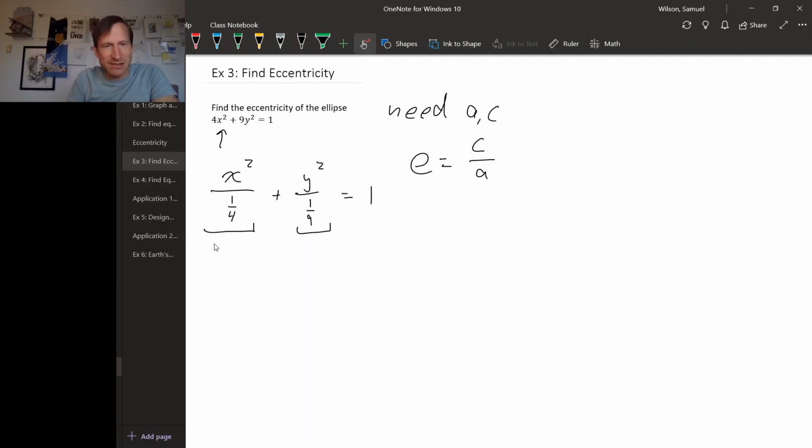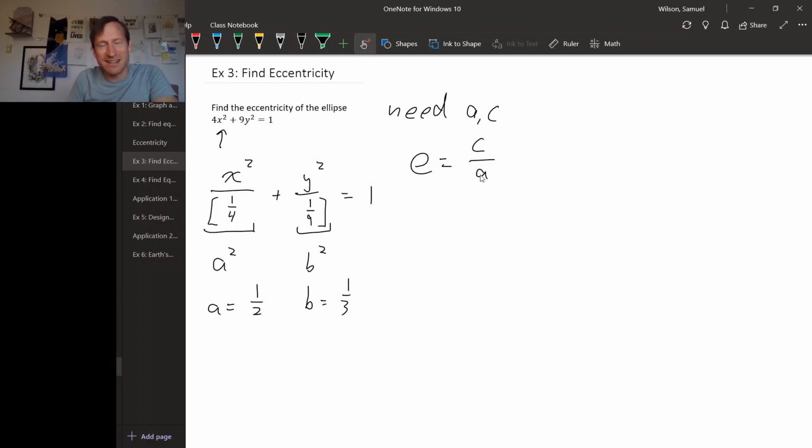Okay, and that means this denominator, since this is the bigger denominator, must be a squared. And 1 over 9, the smaller denominator, must be b squared. And so a is the square root of 1 over 4, and that's 1/2. And b is the square root of 1 over 9, and that's 1 over 3.